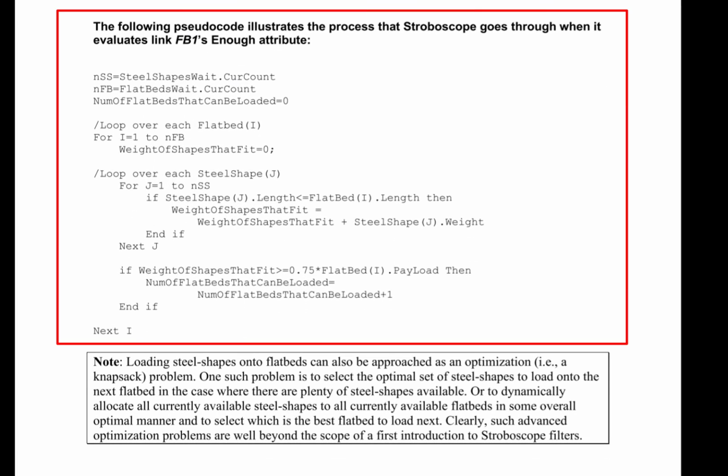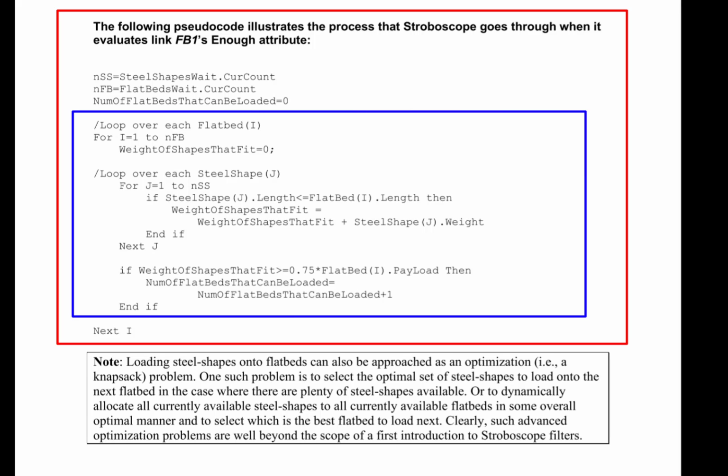The pseudocode that follows illustrates the process that Stroboscope goes through when it evaluates the enough attribute for link FB1. This pseudocode is essentially two loops, one inside the other.